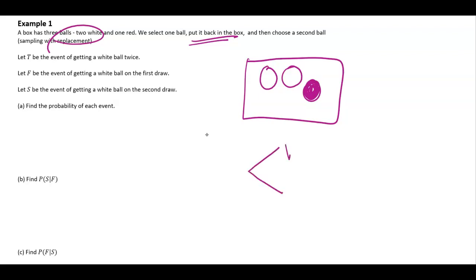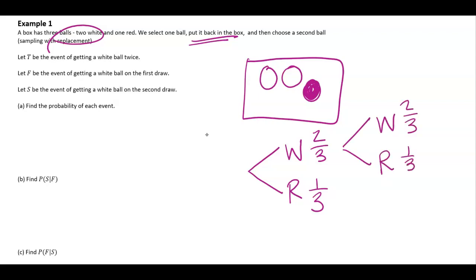We have 2 choices, right? We have white and we have red, and those are not equally likely. White is 2/3, red is 1/3. Then I replace and I have a second choice. And those probabilities reset when I do that.